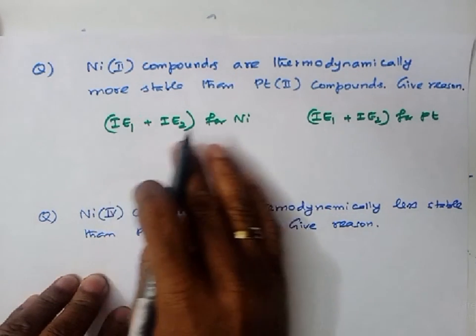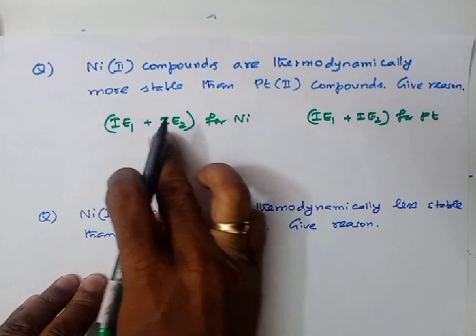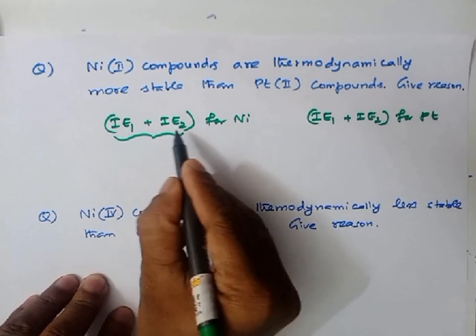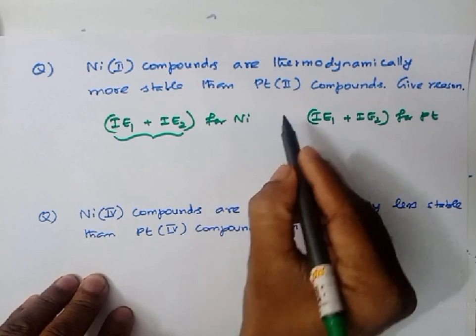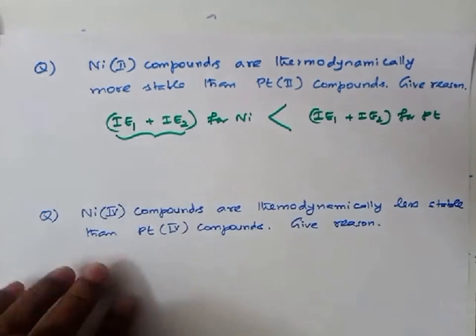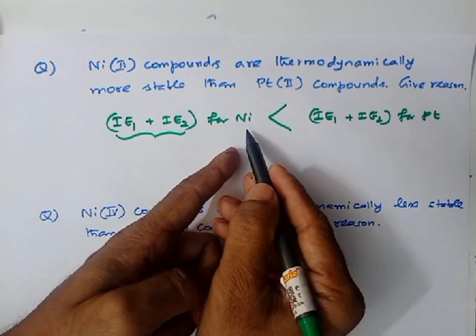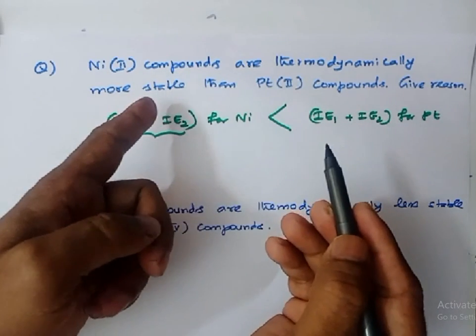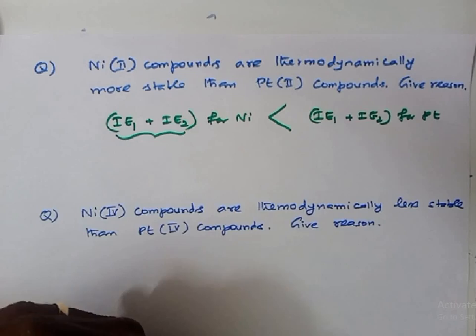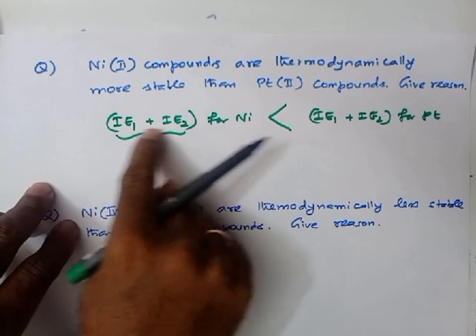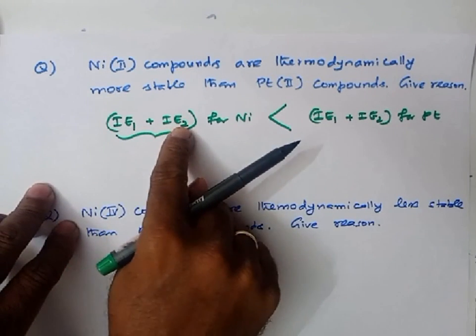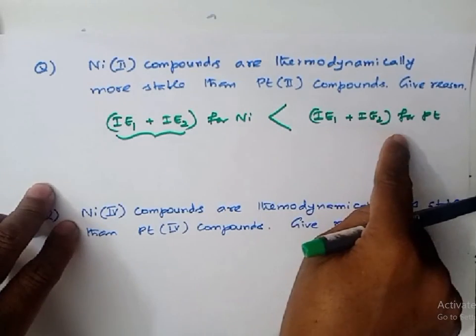The sum of these two ionization energies is less for nickel. Therefore it is very easy to form nickel(II) compounds. That's why nickel(II) compounds are more stable, because they have low ionization energy. The sum of first and second ionization energy for nickel is less compared to platinum.